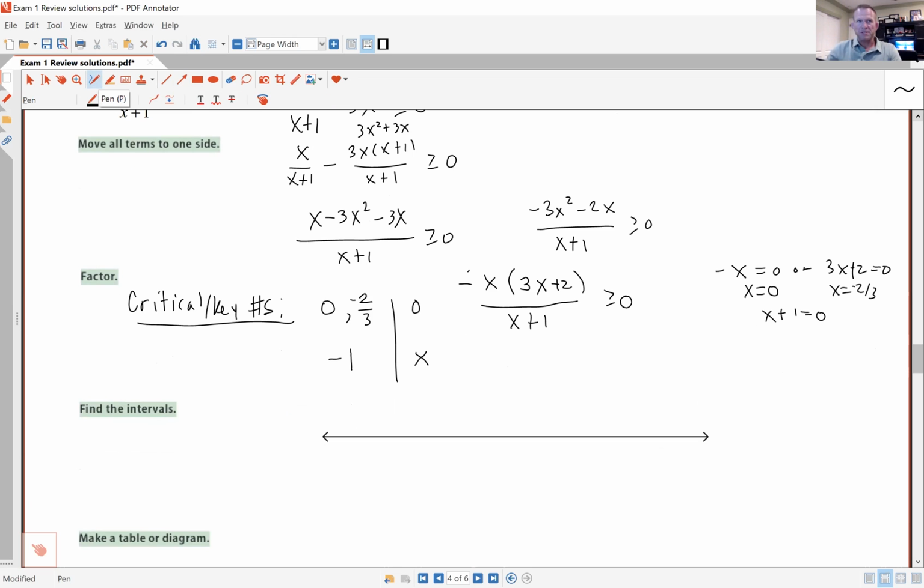And placing these numbers on this number line, in order, we have negative 1, and then comes the negative 2/3, and then comes the 0.